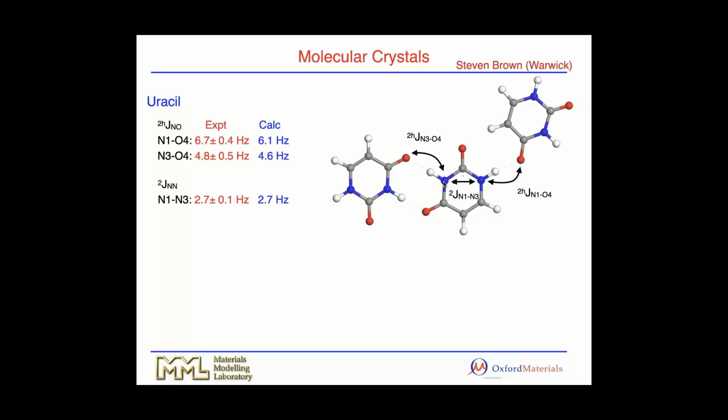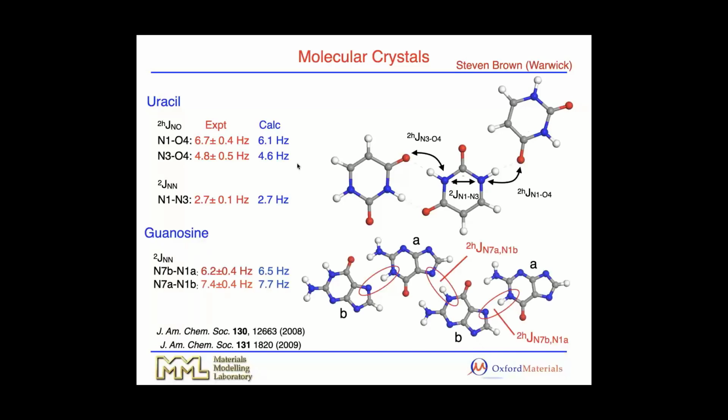There are two different hydrogen bonds here, giving rise to slightly different J couplings, and pleasingly the calculations do a very good job at reproducing what we see in experiment. We did something similar for guanosine, looking at nitrogen-nitrogen, where again there are different types of hydrogen bonds.